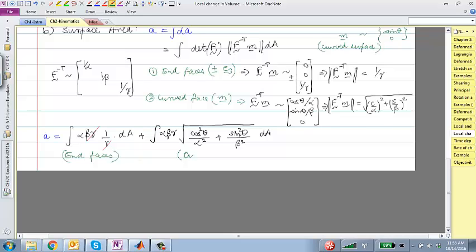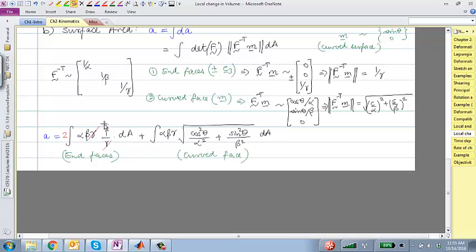And this is a curved surface. And I need a factor of 2 for the end faces because there are 2 end faces. Okay. Now, as I said, this is an integral that you will probably not be able to do by hand. So at this point, you can code this up into MATLAB, and for specific values of alpha, beta, and gamma, you can calculate what that deformed area would be.